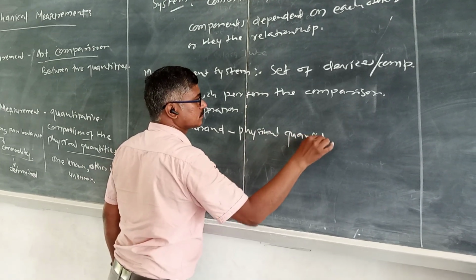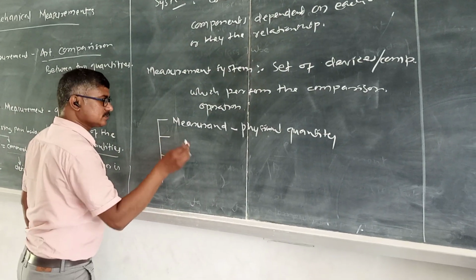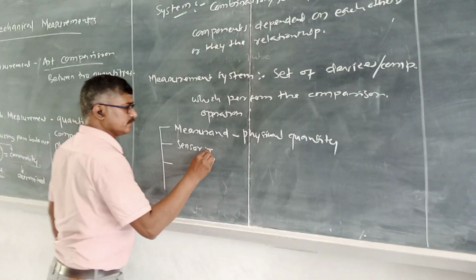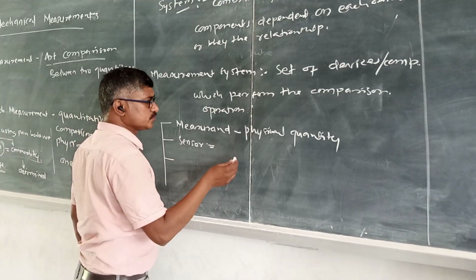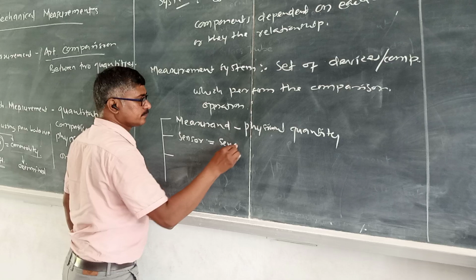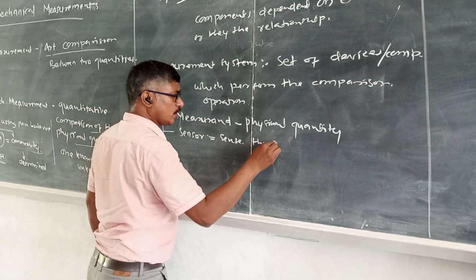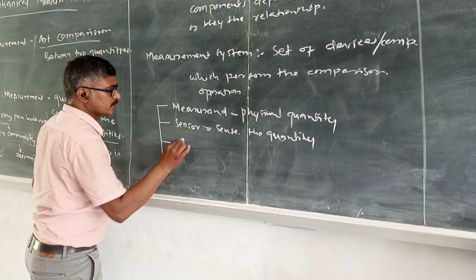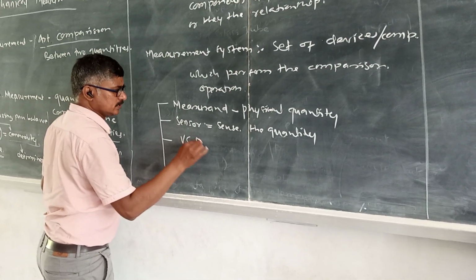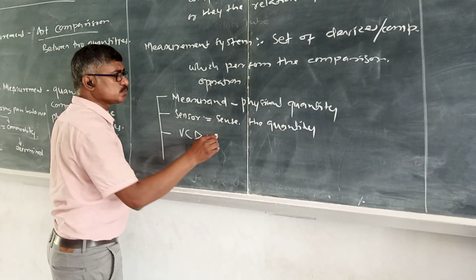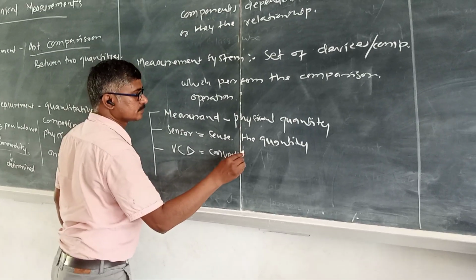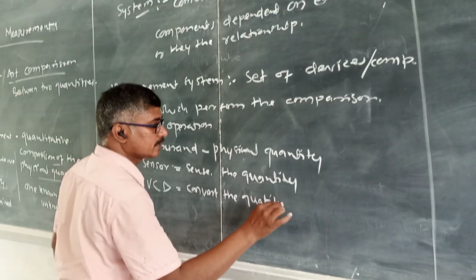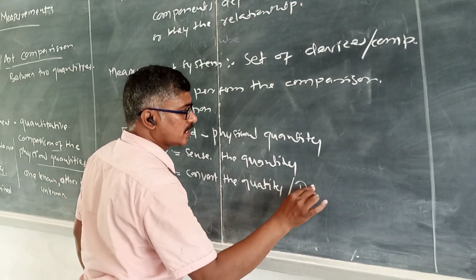Second is sensor, used to sense the quantity. Third is variable conversion device, which is used to convert the quantity, also called a transducer.